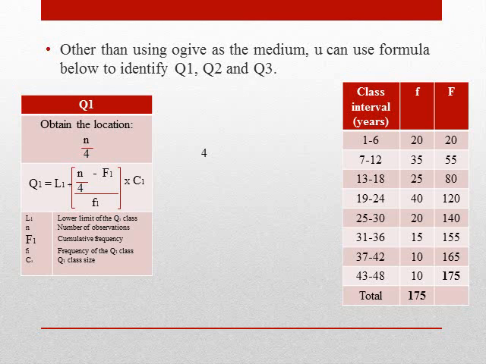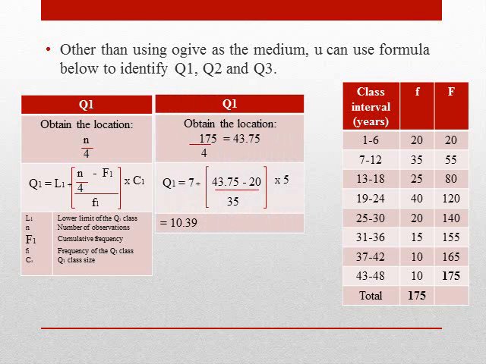So F1, the capital letter, is the cumulative frequency before the class, f1 is the frequency of the quartile 1 class, and C1 is the class size, which you multiply by.